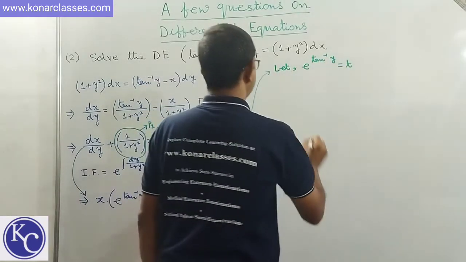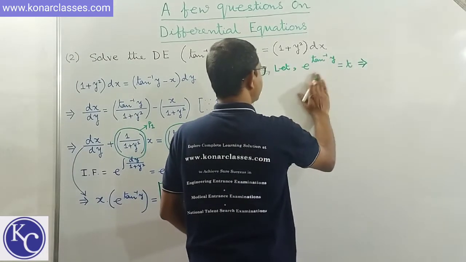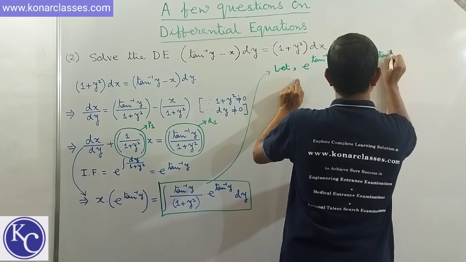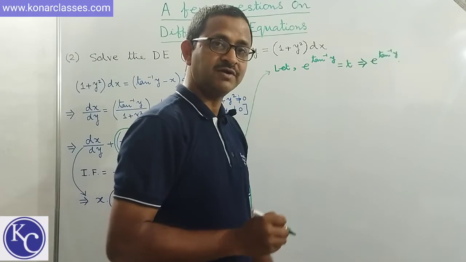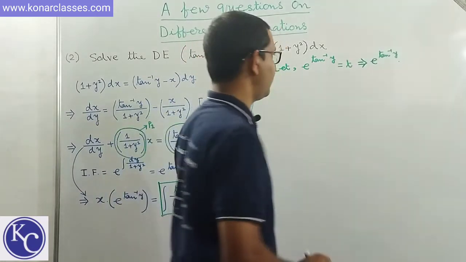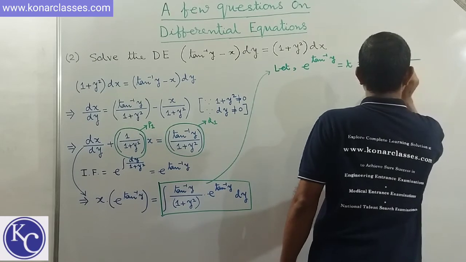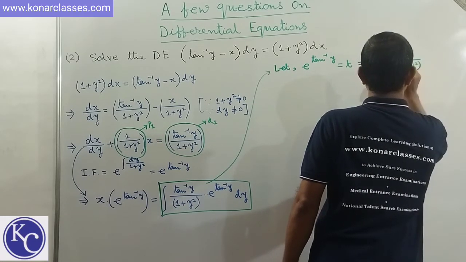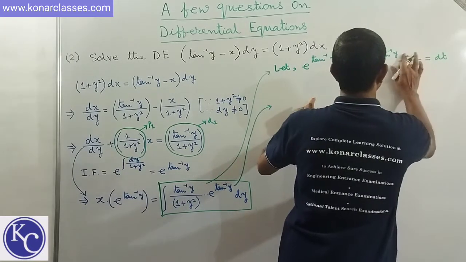Then what do we get, dear students? If we differentiate both sides, we get on the left hand side e power tan inverse y into the differentiation of tan inverse y, that is 1 by 1 plus y square, and that is equal to dt. Here I should write dy.